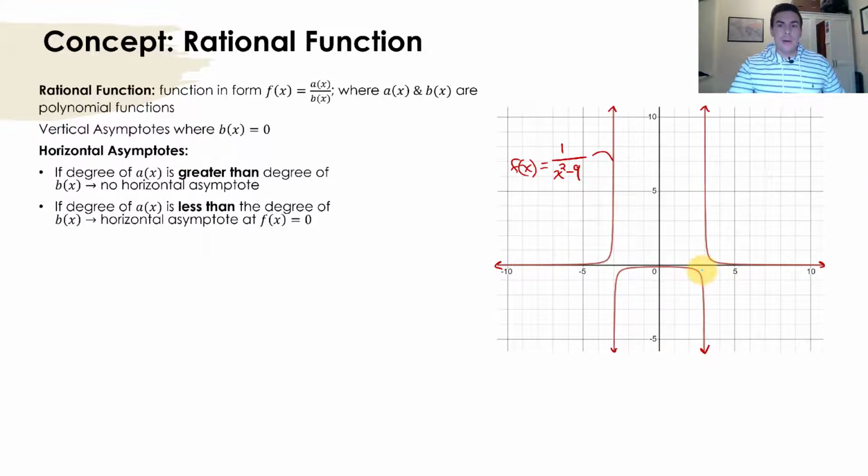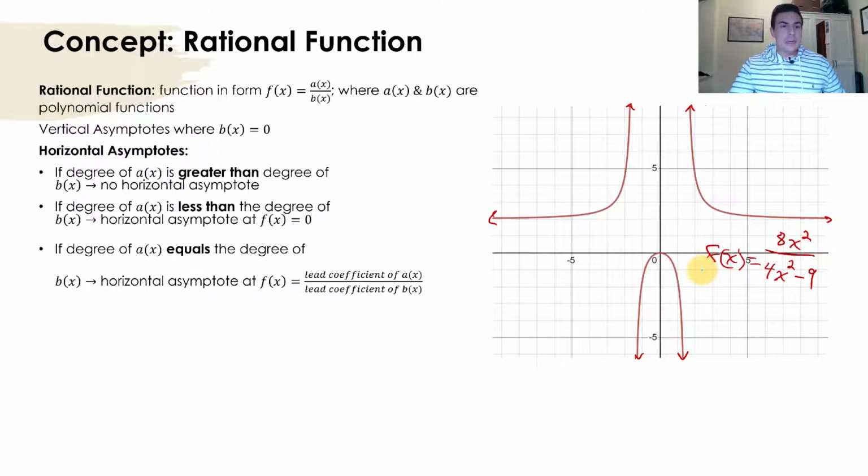Now, if the degree of a is equal to the degree of b, then our horizontal asymptote is going to be at f(x) equal to the lead coefficient of a over the lead coefficient of b. Here I've got 8x squared over 4x squared minus 9.